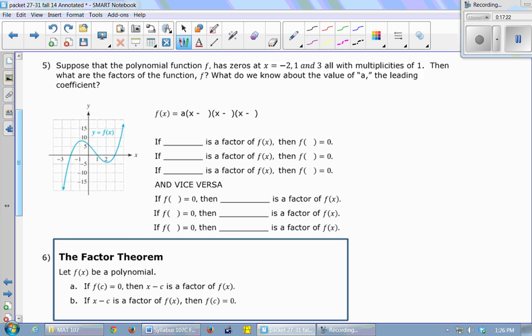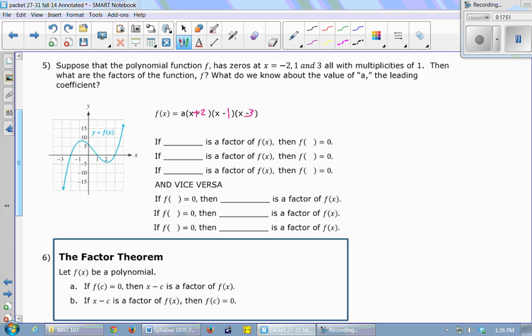X plus 2, yes. I know you were all thinking, change the sign to do x plus 2, but you've got to say the whole thing. When x equals -2 is a 0, that means x plus 2 is a factor. If x equals 1 is a 0, then we have a factor of x minus 1. And if we have 3 as a 0, then we have a factor of x minus 3.